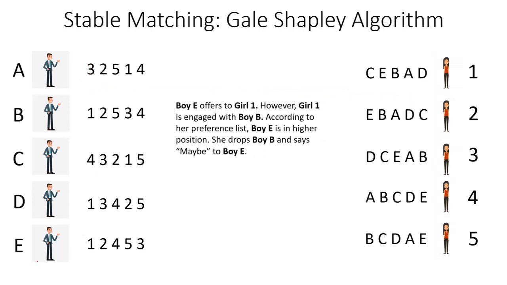And the next boy who is still single is boy E. For boy E, the most preferable girl is girl number 1.